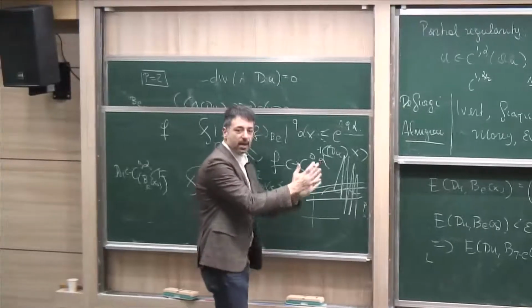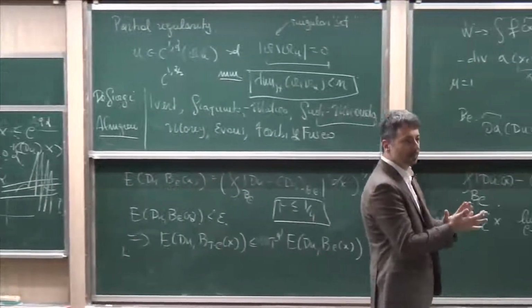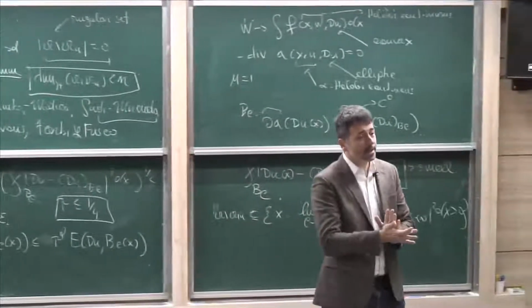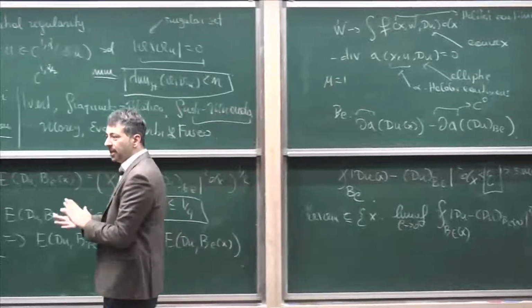I mean, it has to stay close to that plane. It's getting closer and closer uniformly to that plane. So once again you see the classical effect of the elliptic regularization.